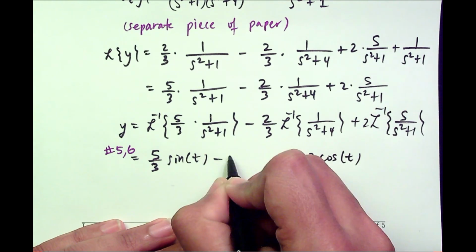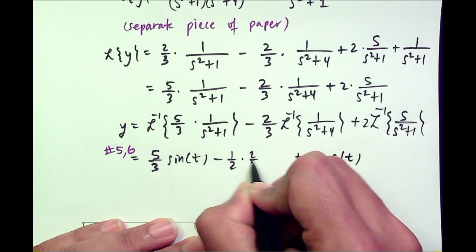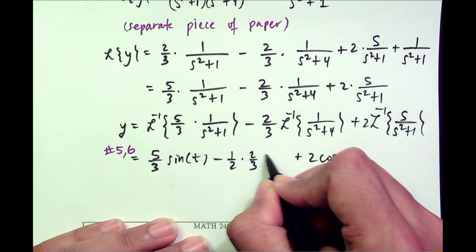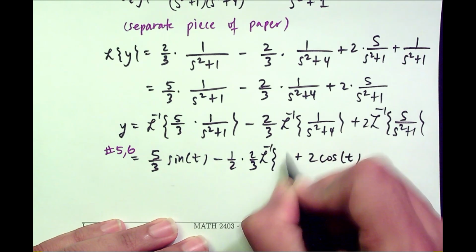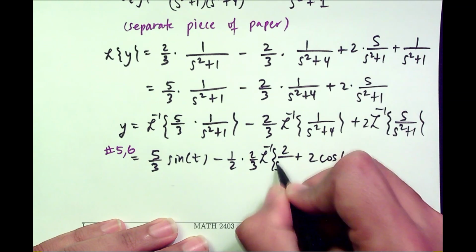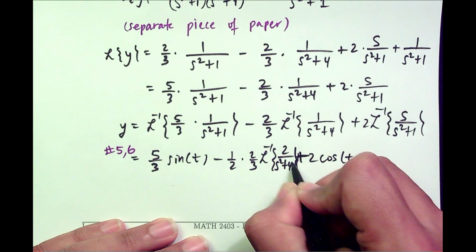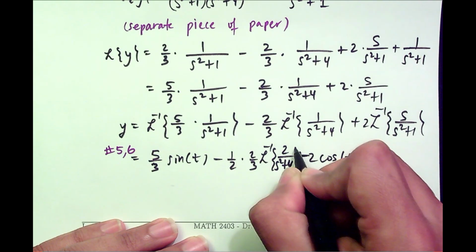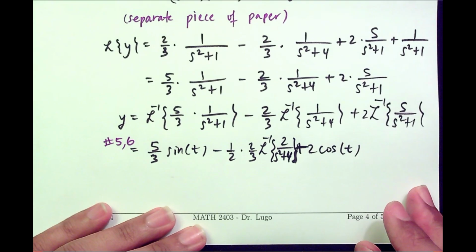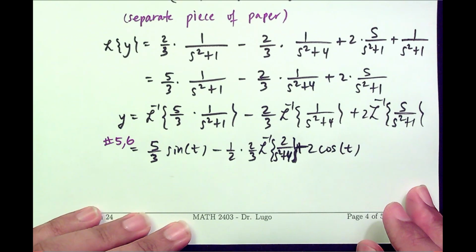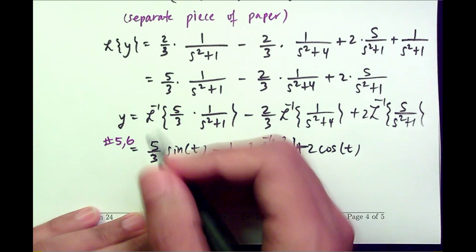So I'm going to put a half, and then this is a 2 over s squared plus 4. Okay, now it's ready.